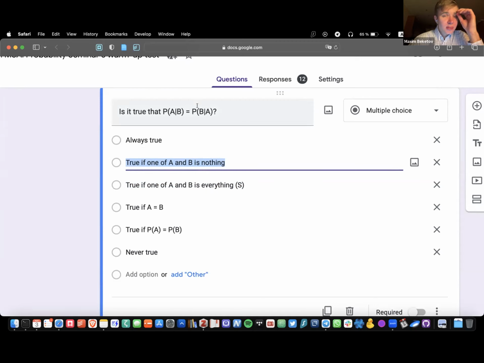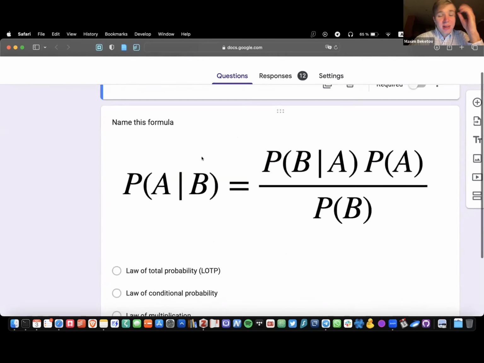But the probability of nothing given anything should be 0, and I believe they would maybe cancel out. So then you will have, yeah, I guess this could work.